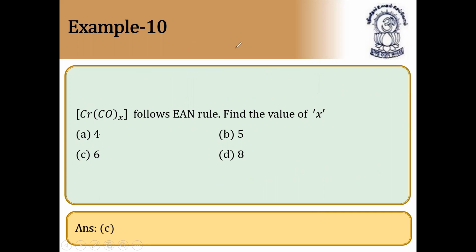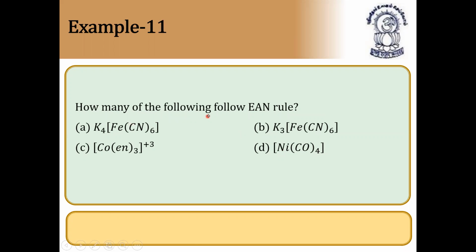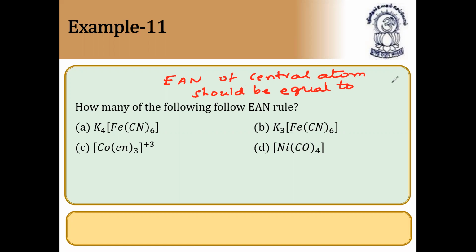Next question. How many of the following follow the EAN rule? EAN rule means the effective atomic number of the central atom should be equal to the nearest inert gas element.